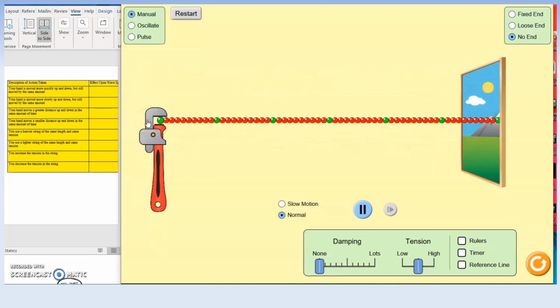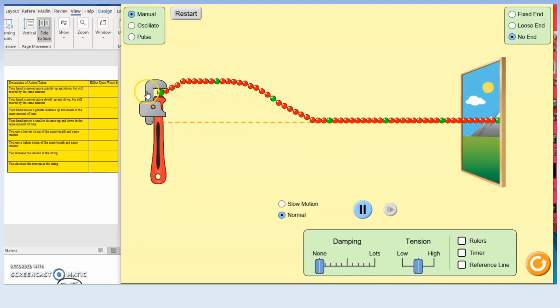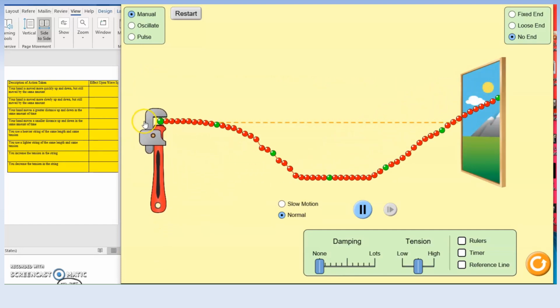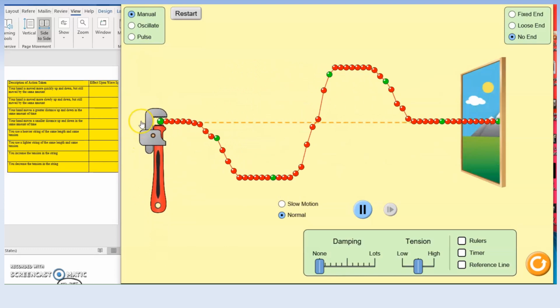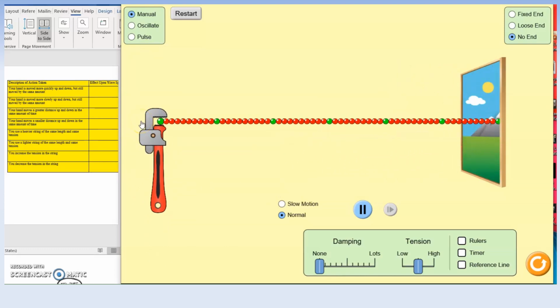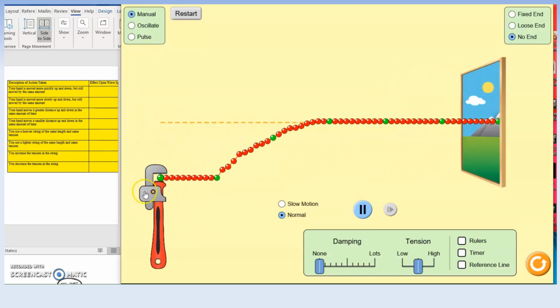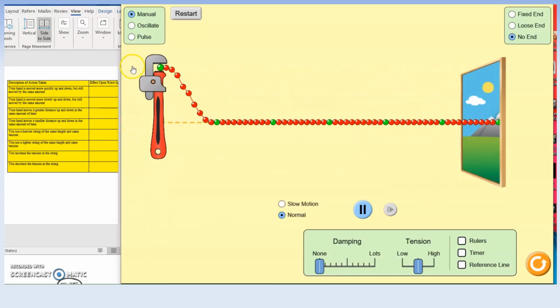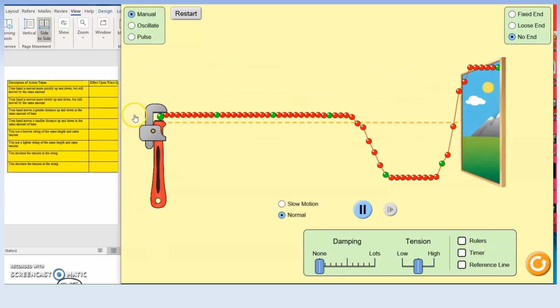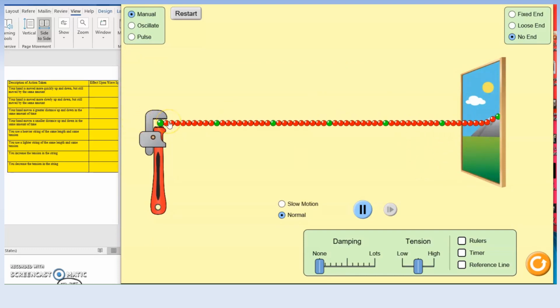You see that the speed of those two waves really is the same. Here's a slow movement. Here is a fast movement. Clearly the slow movement creates a longer wavelength wave than the fast movement, but the wave speed is pretty much the same in both cases.